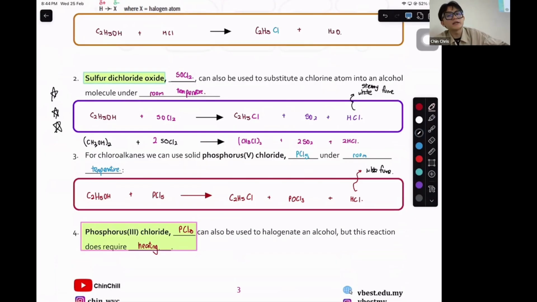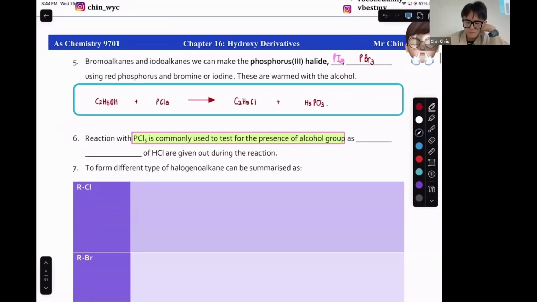Get me? So a steamy white film is formed. That's it. As a white film of HCl is given off. That's it. All good?